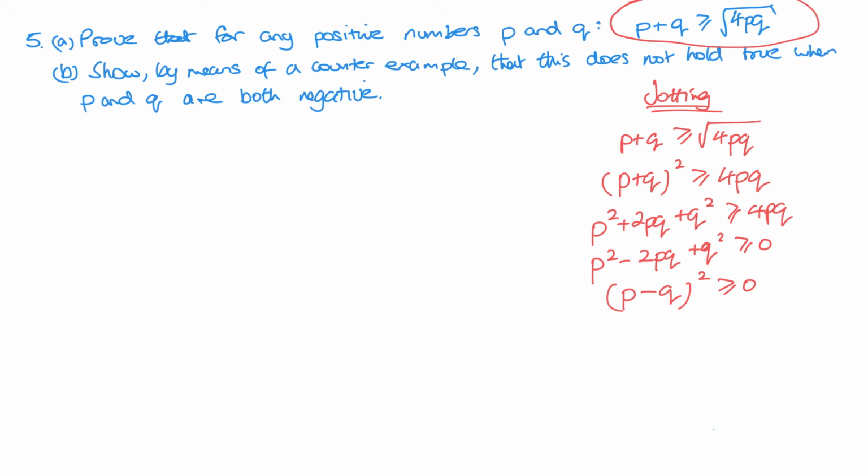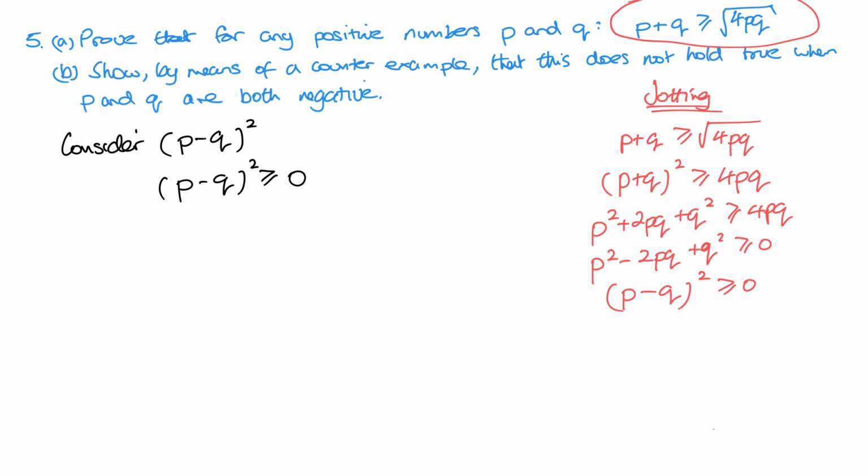Anything squared is greater than or equal to 0. So very much like the example I did at the start of the video, this is where we want to start. We want to consider p minus q squared, and we know that p minus q squared is greater than or equal to 0. Why? Because anything squared is greater than or equal to 0.